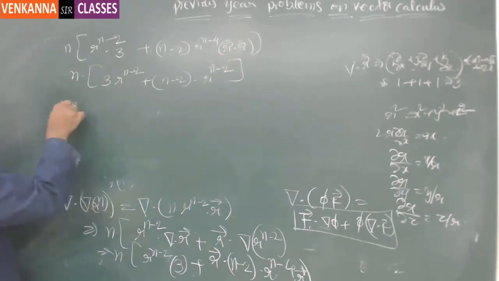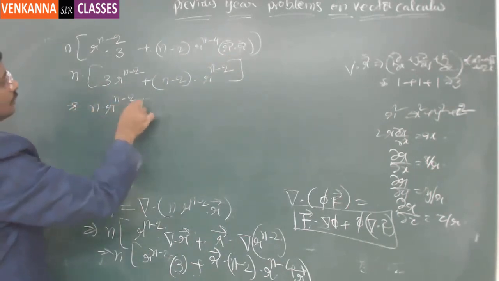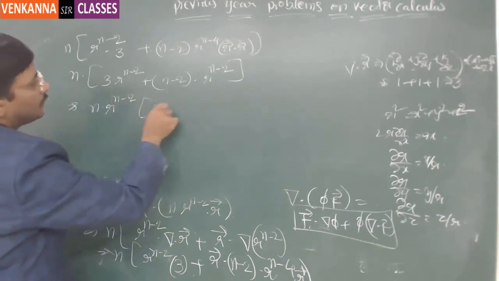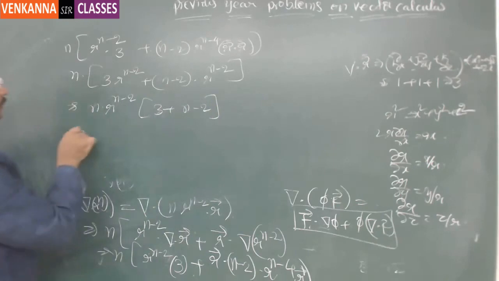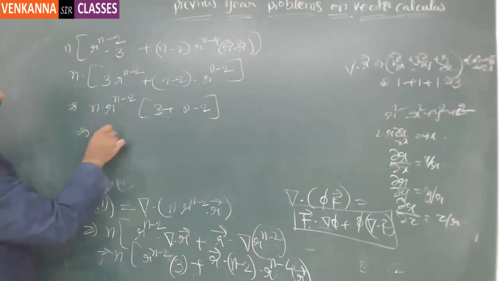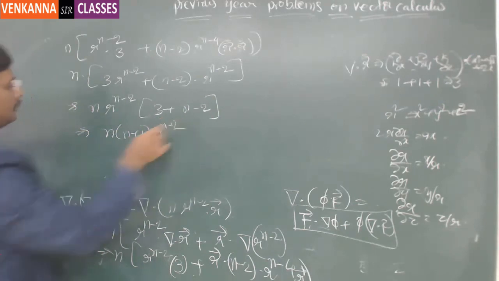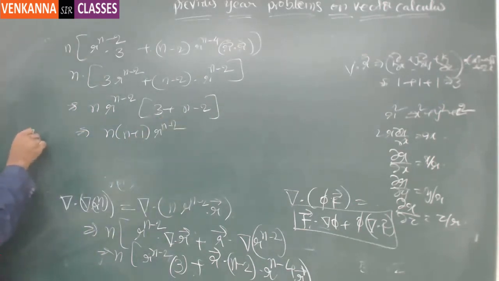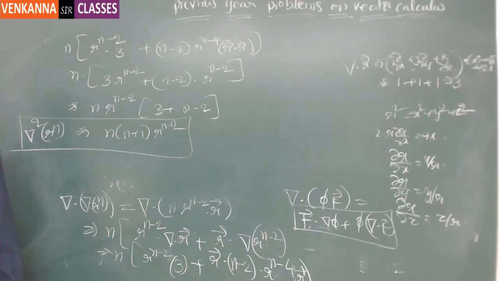So this is n into r power n minus 2 into 3 plus n minus 2, which is n plus 1. So n into n plus 1 into r power n minus 2. This is the value of del square r power n. Got it? Understood?